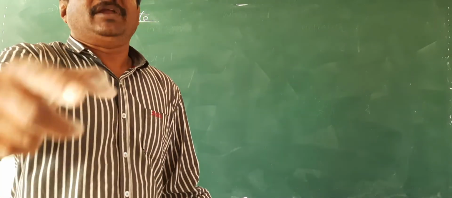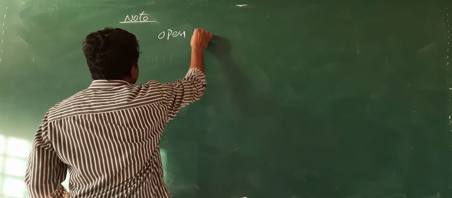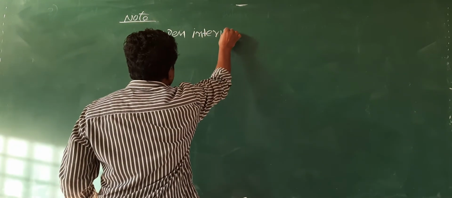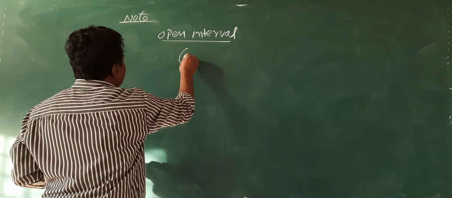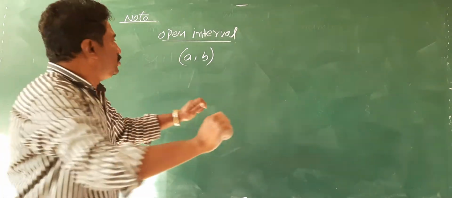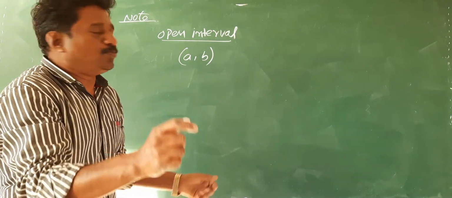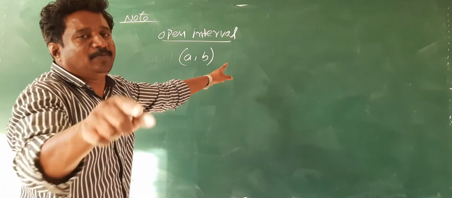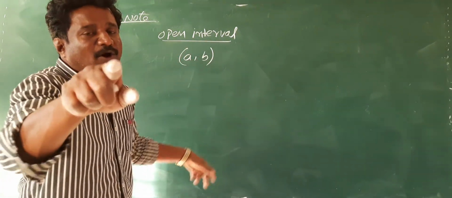Students, here I am going to explain a little bit about intervals, open interval, closed intervals. So open interval, for example, open interval AB. For that open interval, you should use a small bracket. For open intervals, we use a small bracket.